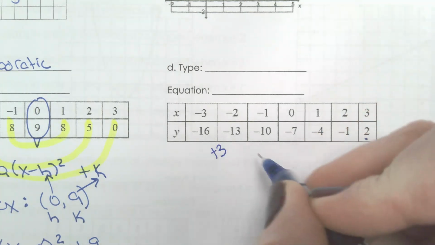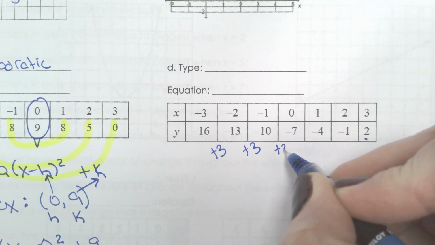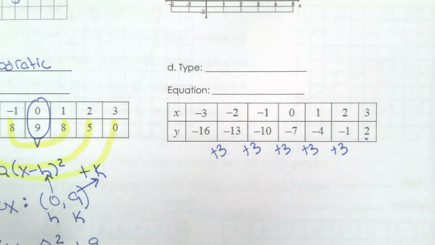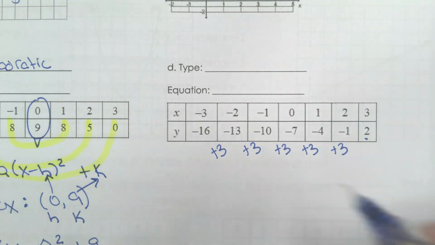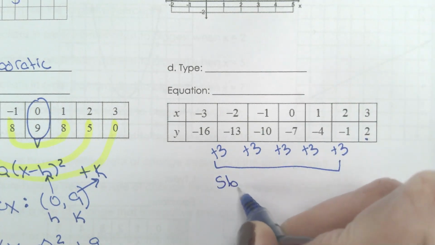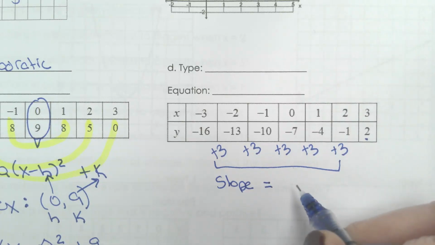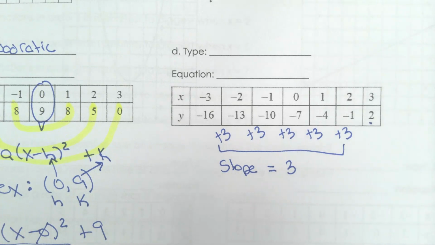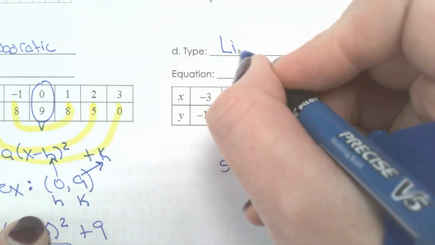Okay, you go plus 3 to get there, plus 3, plus 3, plus 3, plus 3. As it turns out, these numbers that you are adding, that tells you the slope. So I can tell you that the slope is 3. Oh yeah, hey, so if you're adding 3, what type is this? Linear, quadratic, exponential. Linear, I have definitely a line here.